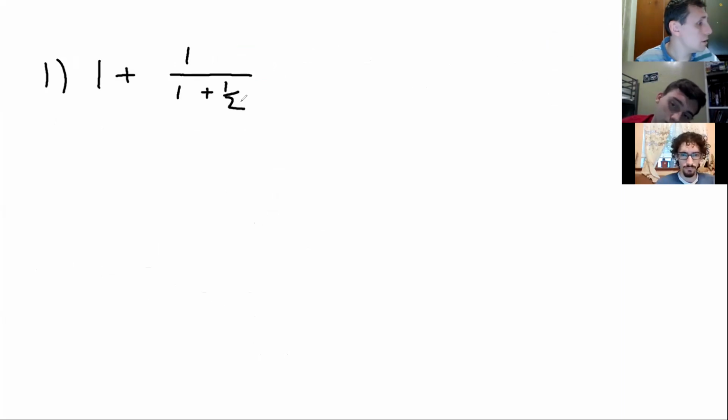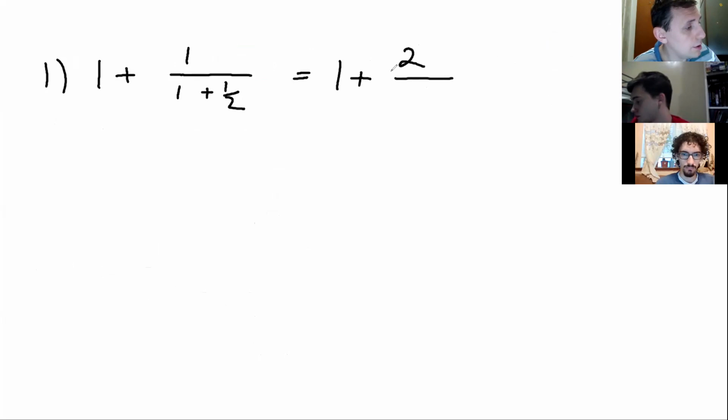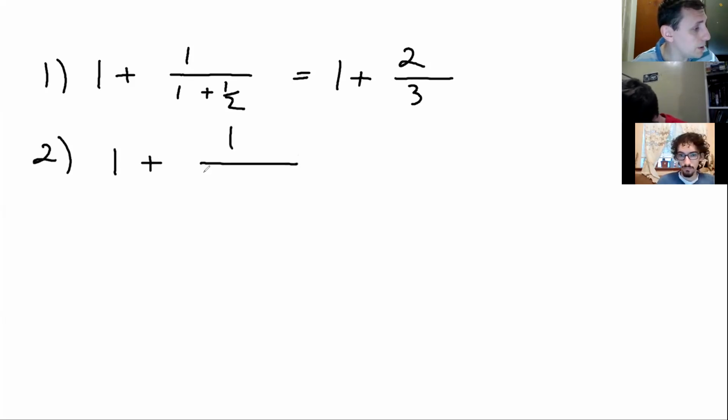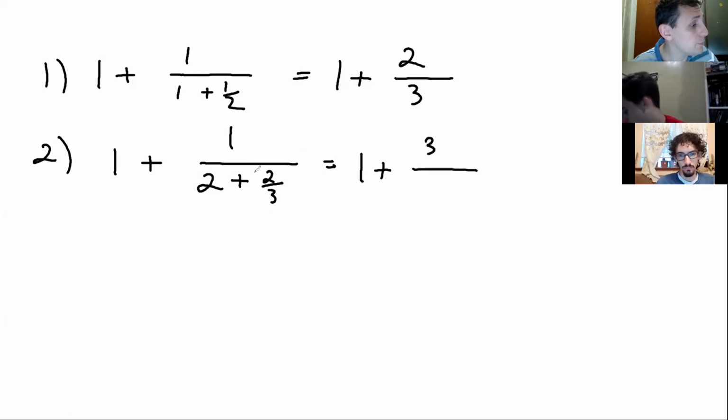Take it like this, which is 1 plus, multiplied by 2, so it would be 2 over 3, 2/3. Then the second procedure is 1 plus 1 over 2 plus 2/3, which would be, multiplied by 3, 3 over 6 plus 2, which is 8.